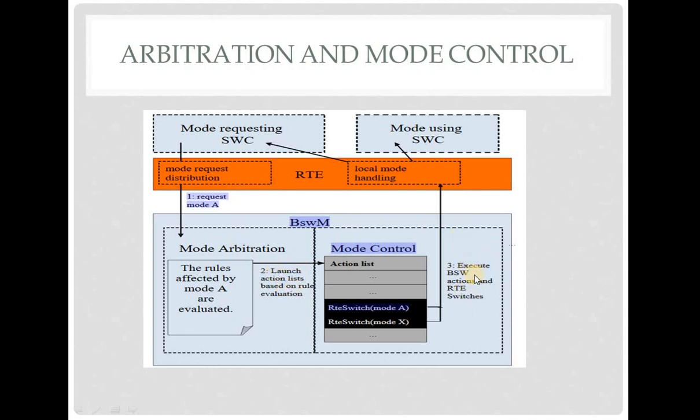And the third step is executing the BSWM actions. And RTE switches, if one action is to inform the other modes about the changed mode value, which means if the mode switch port is configured for that particular mode.